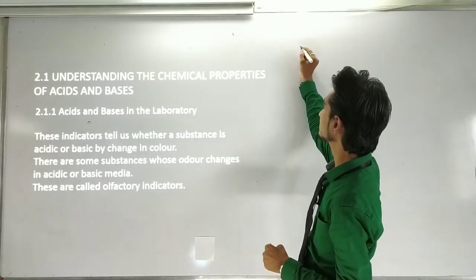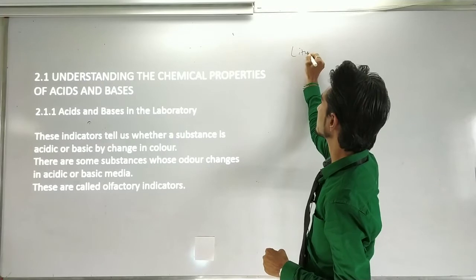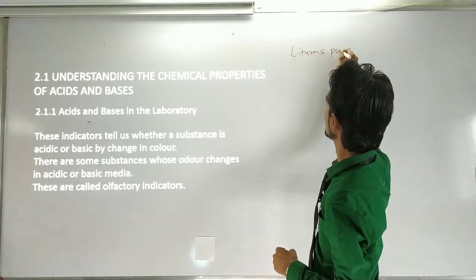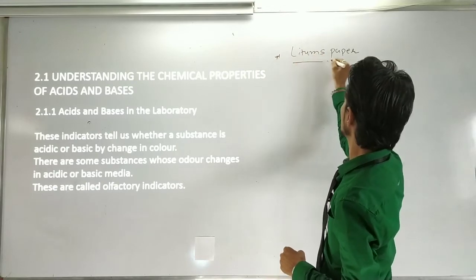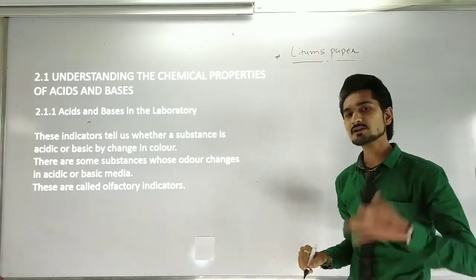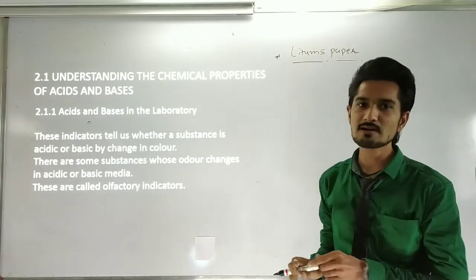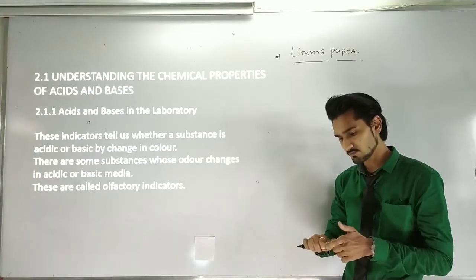How can we check that? We have to use litmus paper. How does litmus paper tell us? Litmus paper is available in the market, and you can buy it from there.